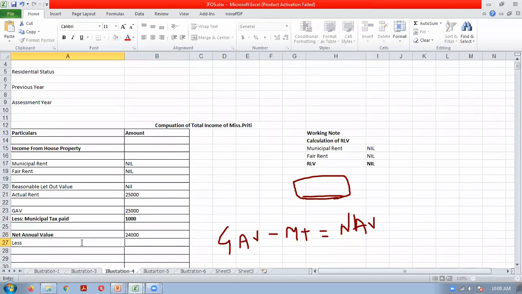Less standard deduction. Standard deduction at what percentage? For a house property, what is the standard deduction rate?